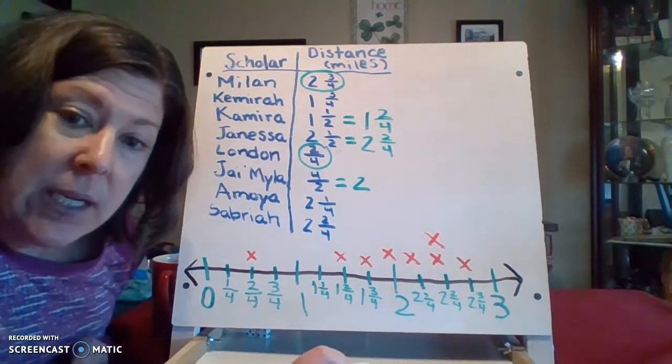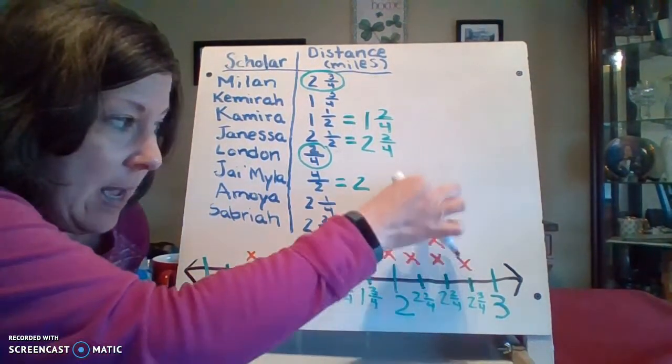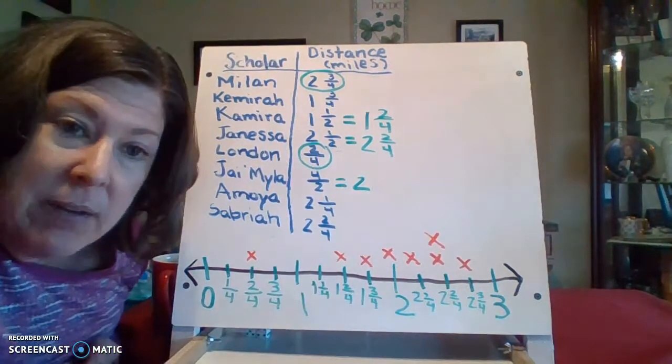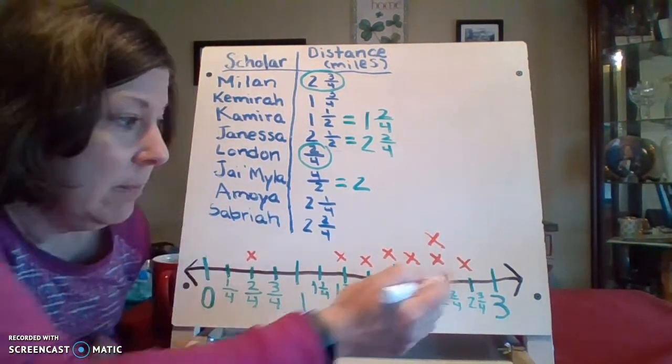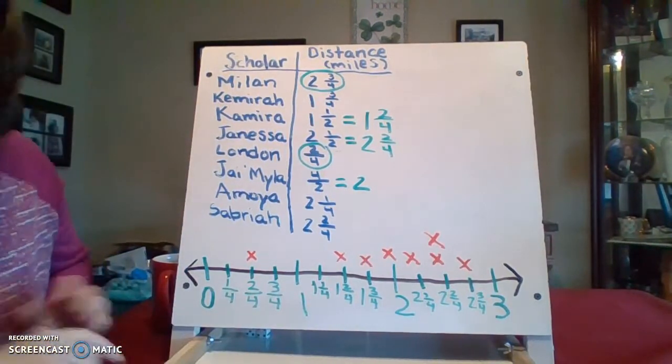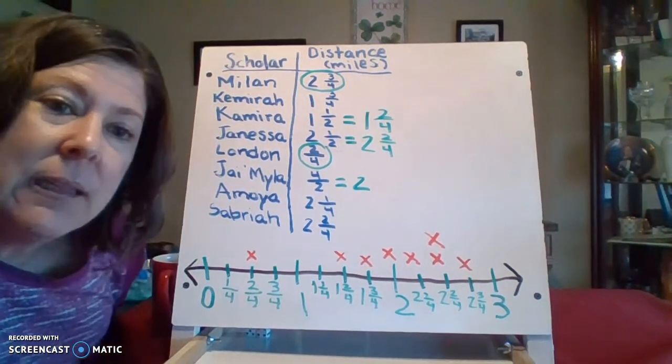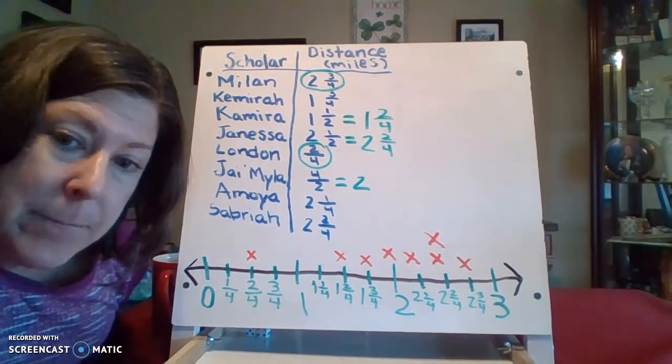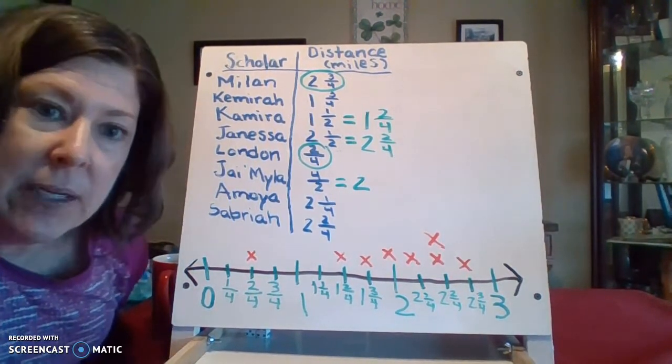When there are values in common, I just put one X above the next. And then if there was a third, I put another X up there. So now my line plot is complete, but I might be asked some questions about it.